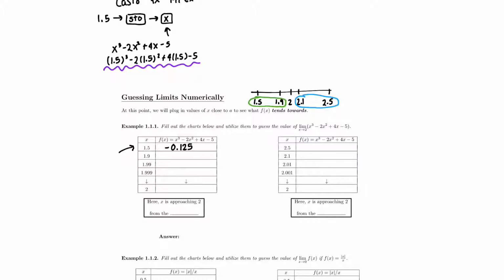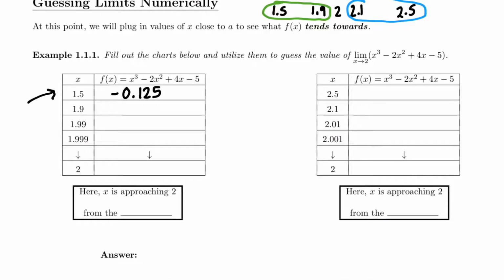For 1.9, that's as if you plugged in 1.9 cubed minus 2 times 1.9 squared plus 4 times 1.9 minus 5. So plugging in these x values into this function, I did that on my calculator, and I've got 2.239.